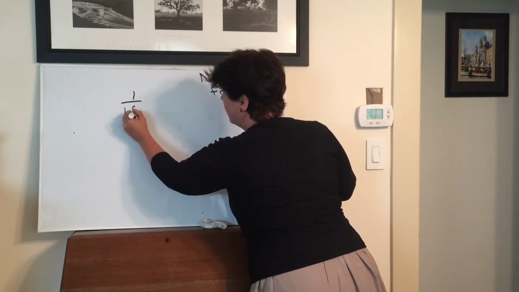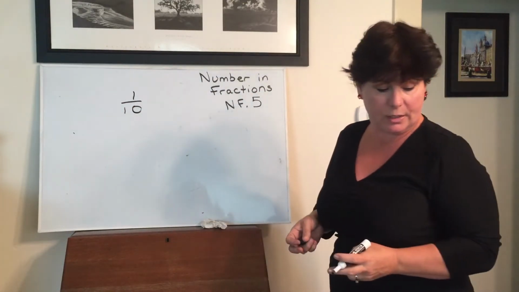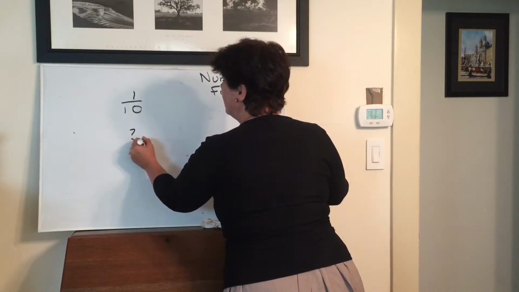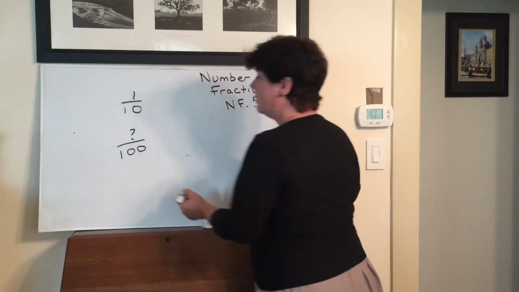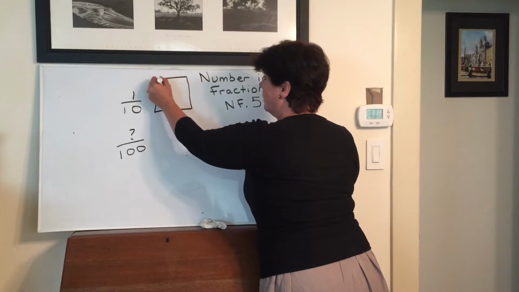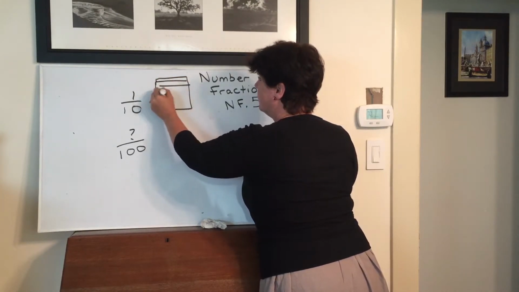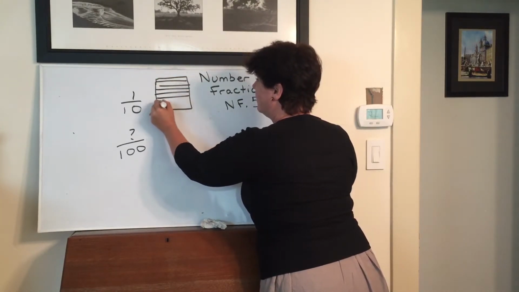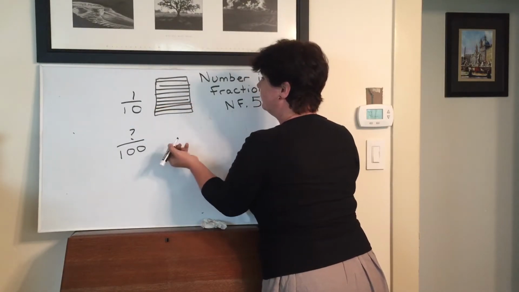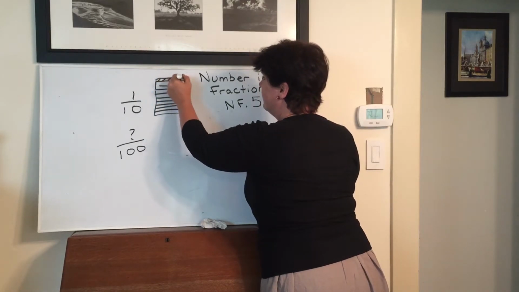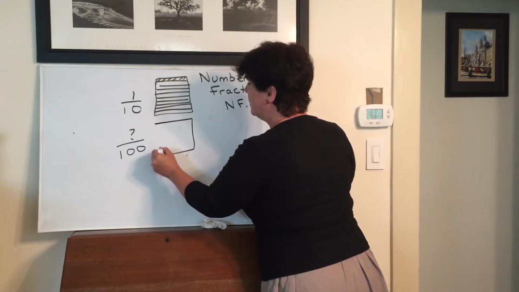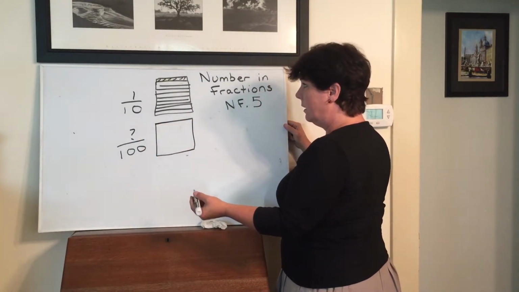I would say, since the denominator is different and what I'm really doing is equivalent fractions, what is the equivalent in hundredths? Well, if I draw tenths, 1, 2, 3, 4, 5, 6, 7, 8, 9, 10, and I have one of them, I need to find out what's the equivalent.